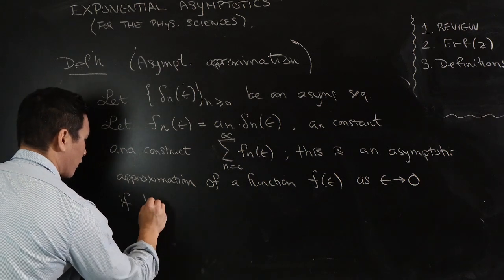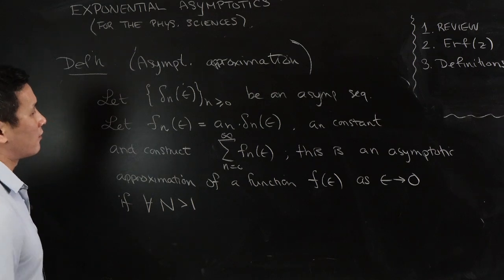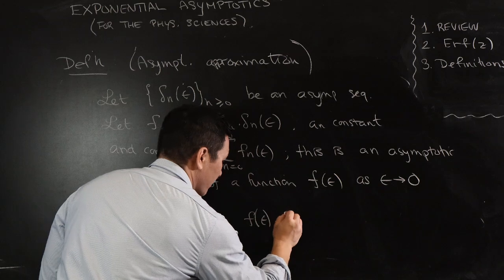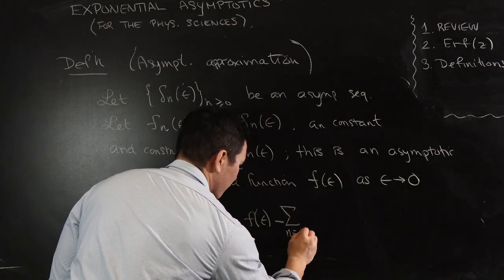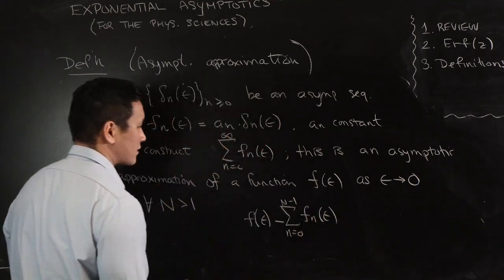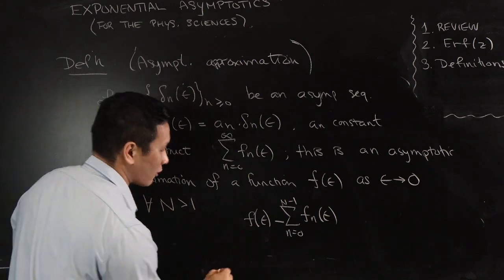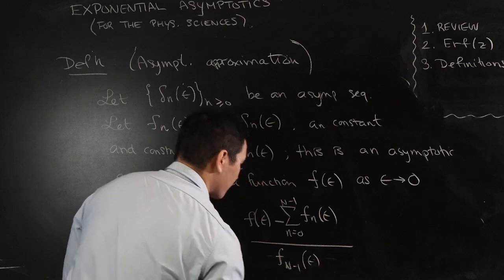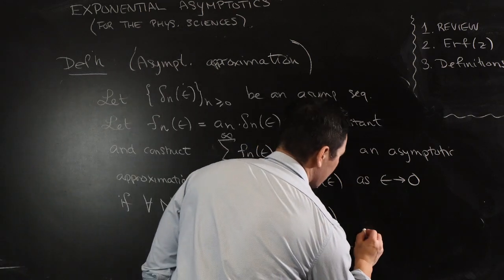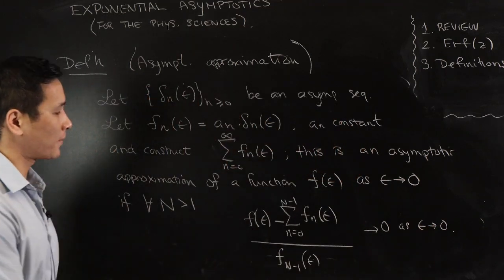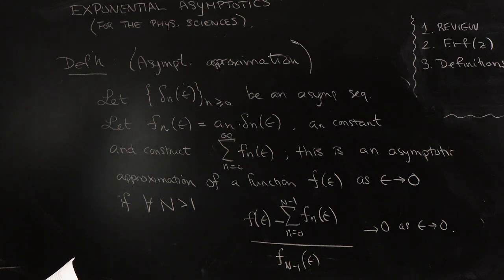If for all n greater than 1, basically the ratio of the true value minus your approximated value, so let me take n terms from my series, this is the thing that we were plotting before, and then I divide that by the last term, if this thing tends to 0 as epsilon tends to 0, then that is the definition of an asymptotic expansion.